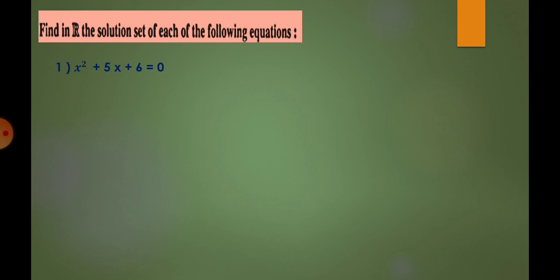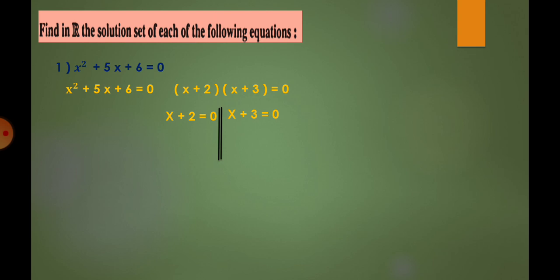So we factorize x power 2 plus 5x plus 6 as x plus 2 and x plus 3. So we take x plus 2 equals 0 or x plus 3 equals 0.